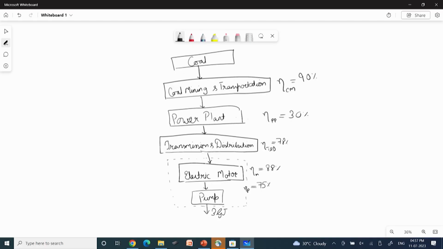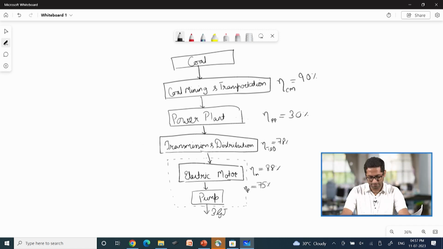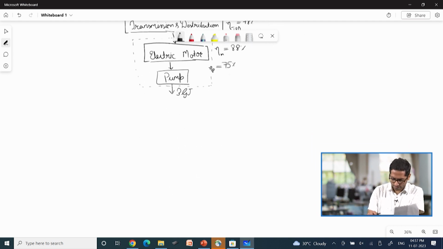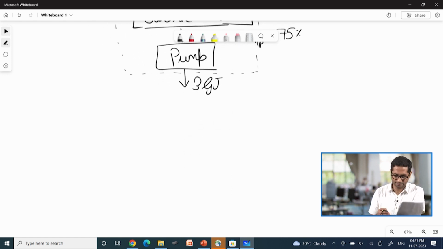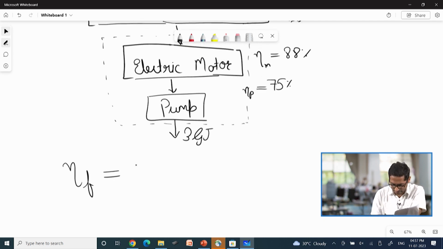You would have the coal mining and transportation, power plant, transmission and distribution, the electric motor, the pump, and finally what I get is around 3 gigajoules of energy. So if I look at the efficiency from a farmer's point of view, from the farm, this would be only the efficiency of two elements, that of the pump and that of the electric motor.